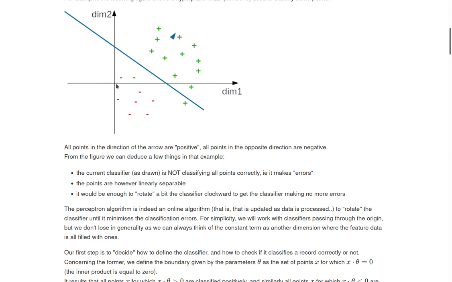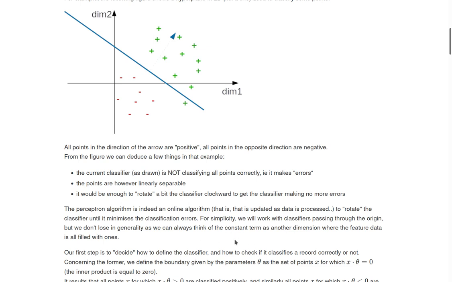We don't lose generality, as we can always think of the constant term as just another dimension where the feature data is all filled with ones. So we can work with classifiers passing through the origin. It's up to you. You can keep this.